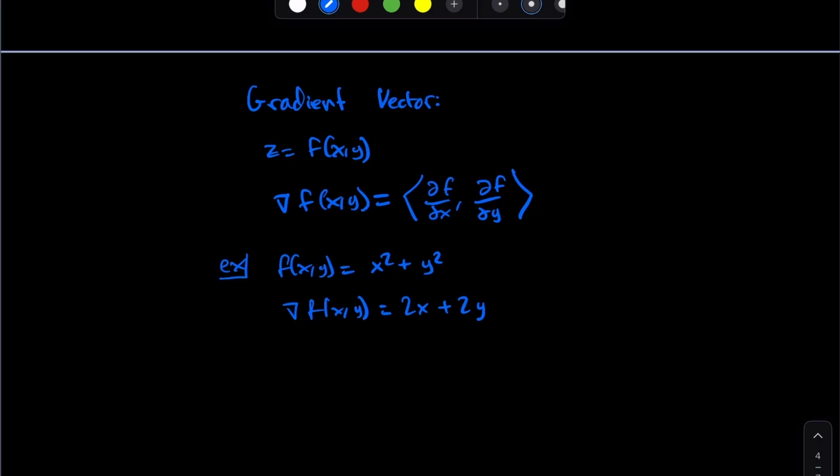Now, if you had a point, like 1 comma 2, you plug that in, and you would find the direction vector of the steepest change from that point. Another important thing to know is the directional derivative, which is equal to the gradient vector dotted with u, which is a unit vector in some direction.